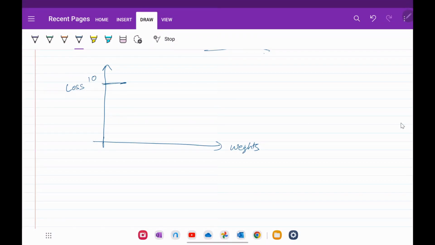Then we tweaked our weights a little and got a loss of 9. Then we tweaked the weights a little more and got a loss of 12. Let me draw a graph here. Basically, at different weights, we are getting different losses.